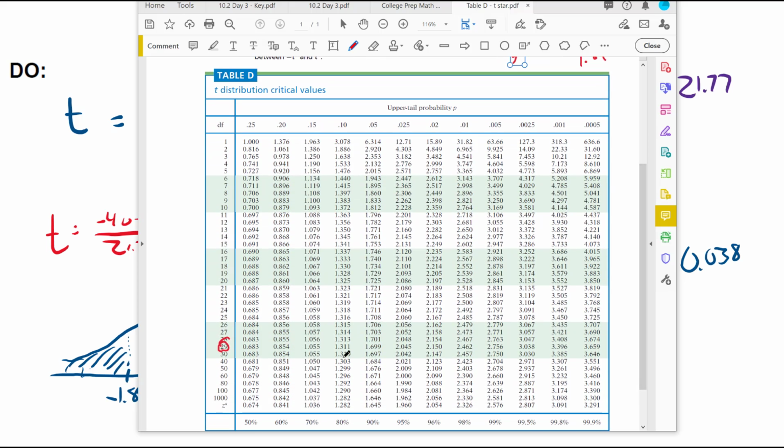So let's look at 29, and 1.84 is going to fall between 1.699 and 2.045. And that corresponds to p-values of 0.05 and 0.025.